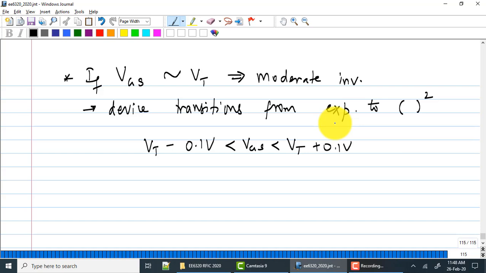Okay, ask your question. I understand your question, which is why you need to figure out what the problem is. Let's figure out what the problem is before going ahead. So now what is the problem with, how do you bias a device with VGS approximately equal to VT?